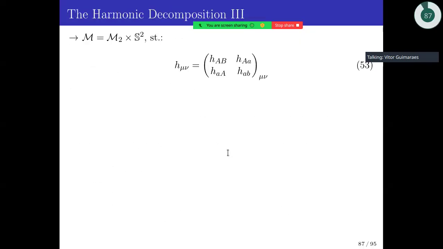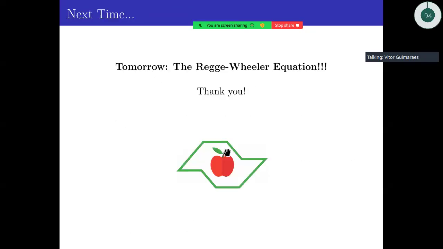So the goal until the end of this mini course is to get to the Regge-Wheeler equation and the Zerilli equation. We will have two kinds of wave equations here because we have two parts, an even and an odd part, that are completely separate.